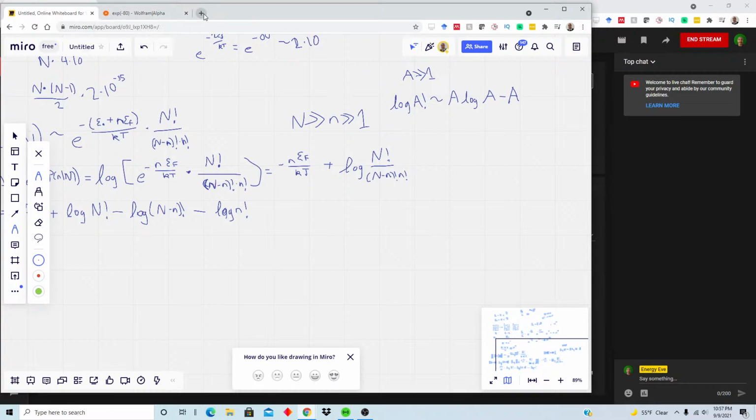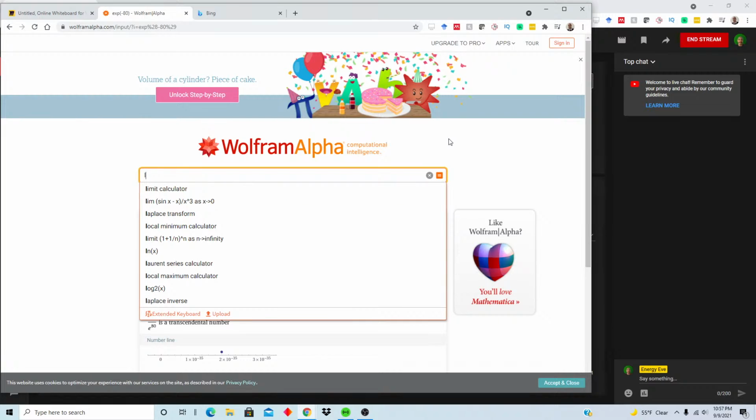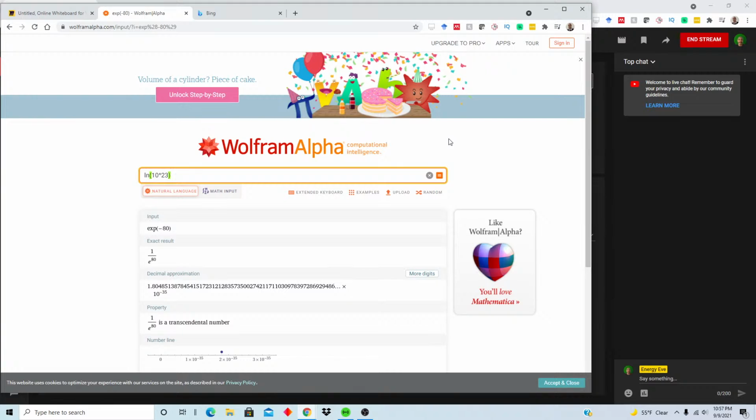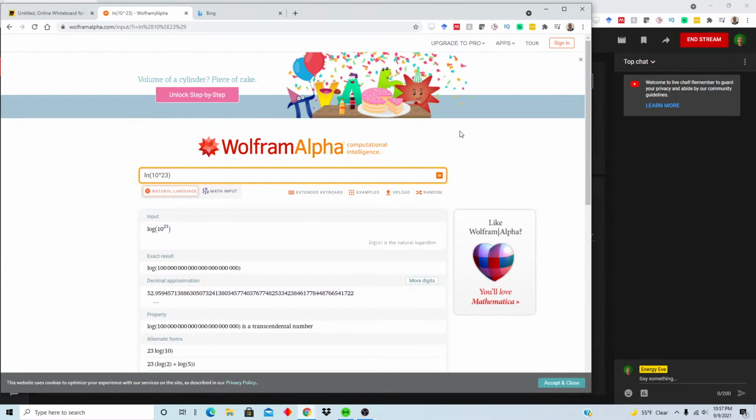We can probably do a few examples of this and actually see that it's true using Wolfram. So if we assume something very large, ln of 10 to the 23rd, what is this value? It's about 52, okay, 53.